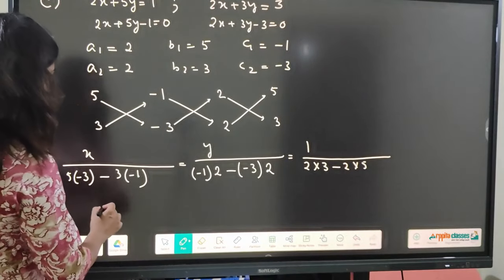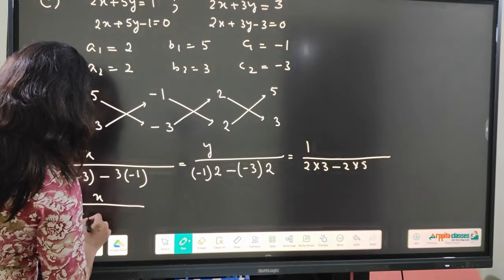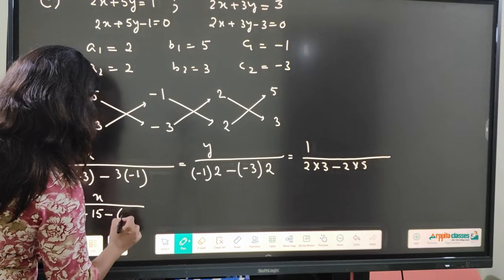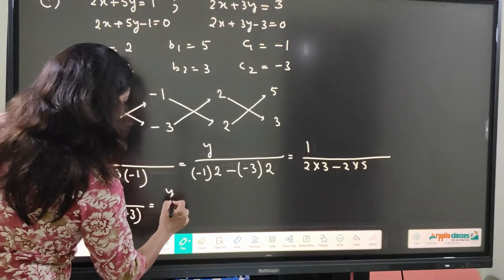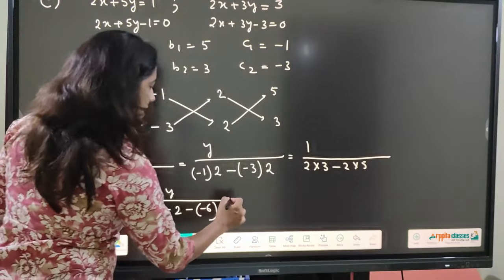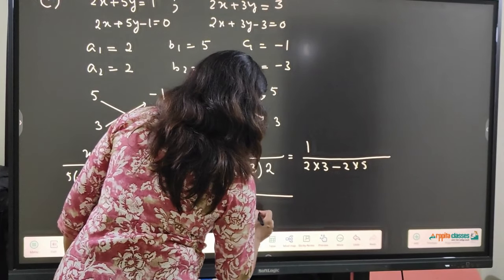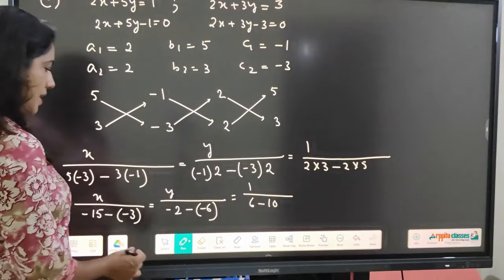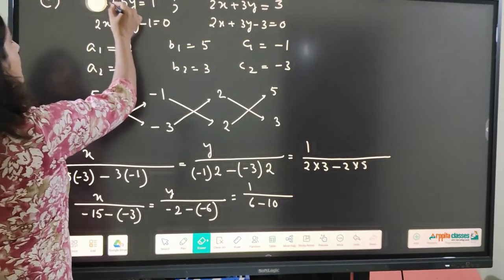Okay, so let us calculate this. X upon, this is minus 15 minus 3, y upon minus 2 minus 6 is equal to 1 upon 6 minus 10. Now let us rub this part.